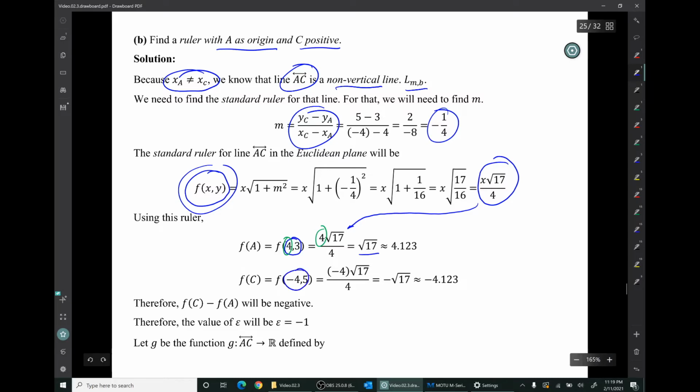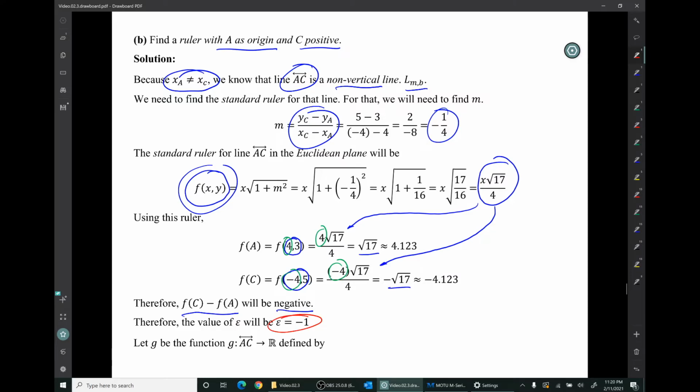Well, c has these coordinates, negative 4, 5. So when I use the standard ruler and I use that coordinate for x, I get that f of c is this number, negative square root of 17. So therefore, this quantity, f of c minus f of a, will be negative. And so we use the value negative 1 for epsilon.